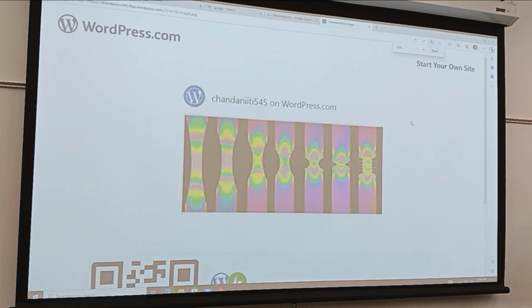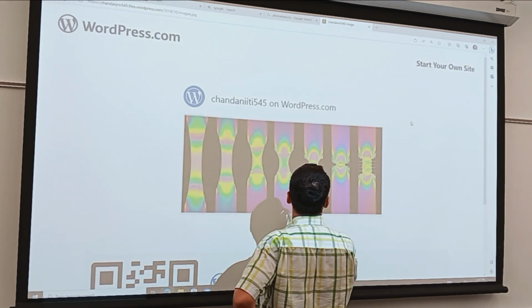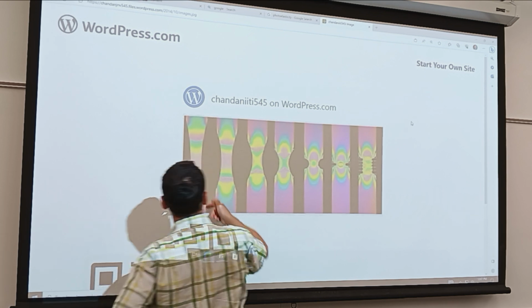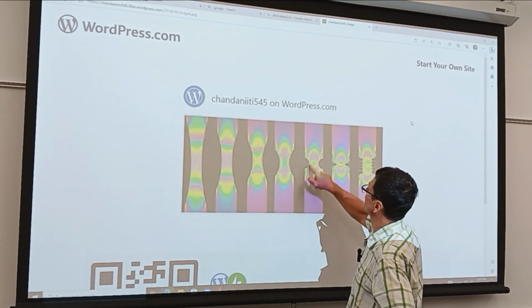Okay, so it shows a specimen that is subject to tension, very likely, and you can see the notch, the neck here is the same, but the fillet radius, the transition between the two sections, is increasingly abrupt.